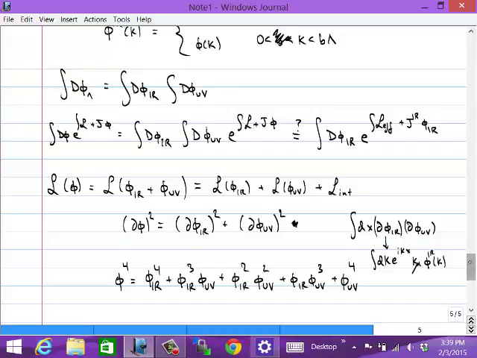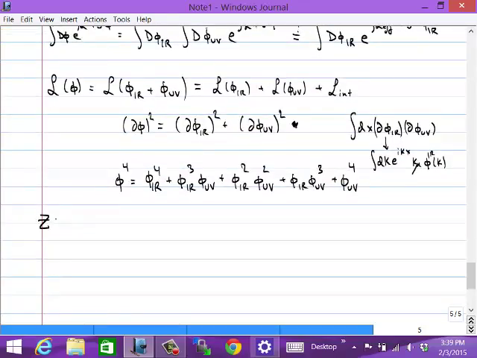And so what you'll be left with is an expression for the partition function, now regarded only as a function of the source that couples to the IR modes, because those are the only ones that we're interested in, which is an integral d phi IR times e to the i times your original Lagrangian, regarded as a function of phi IR, plus the coupling J phi.